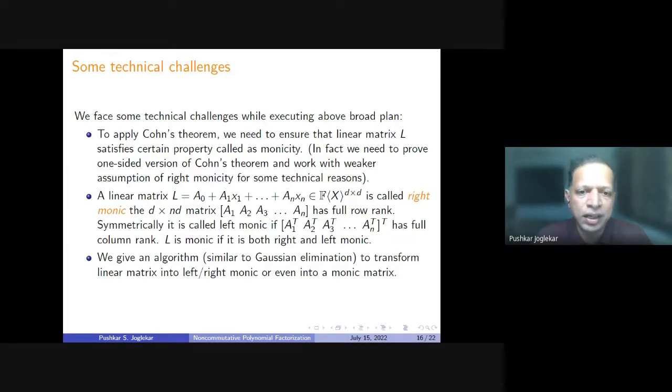And symmetrically, it is called left monic if we stack up these matrices in a column-wise fashion and the resulting matrix has full column rank. And L is called monic if it is both left and right monic. So we give an algorithm based on linear algebra, similar to Gaussian elimination, to transform a given linear matrix L to a left monic or right monic or even monic matrix.